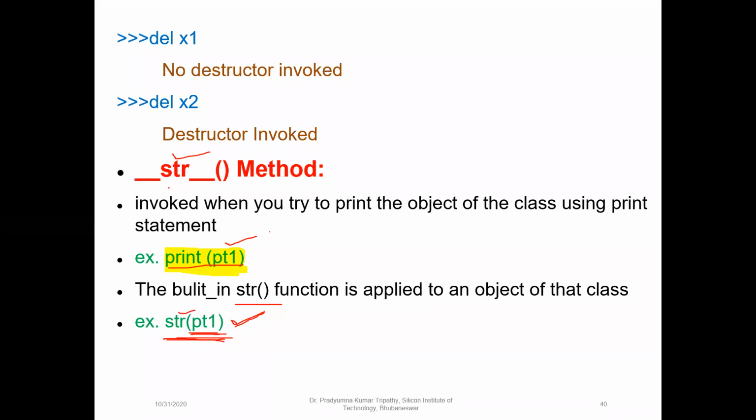So the str function is converting to string. Can you convert an object to a string? Is it possible? No, sir. So you cannot convert an object to a string. In that case, Python will understand that this is an object, and therefore it will call the corresponding str method for the same.